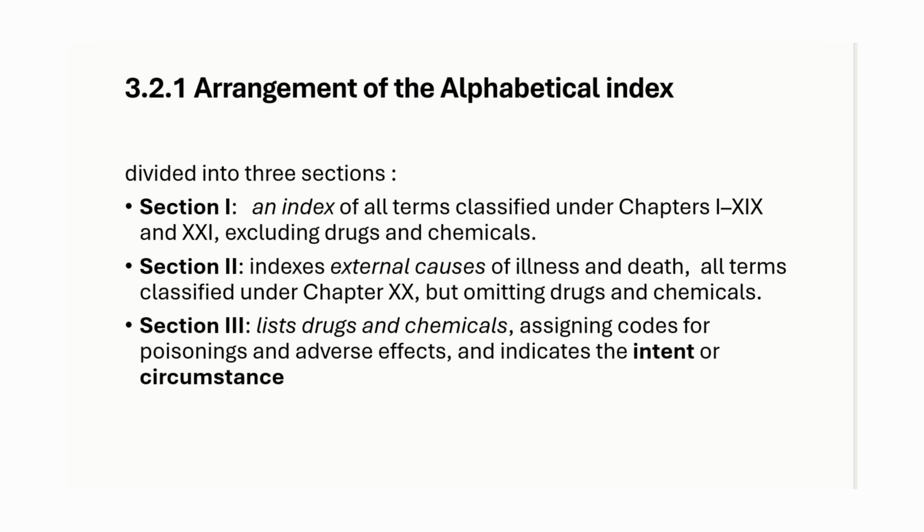It excludes drugs and chemicals. Then we have section 2, which indexes external causes of illness and death. That is all terms classified under chapter 20, but omitting drugs and chemicals. Lastly, section 3 lists drugs and chemicals, assigning codes for poisonings and adverse effects, and indicates the intent or the circumstance.